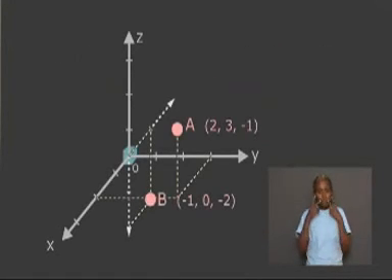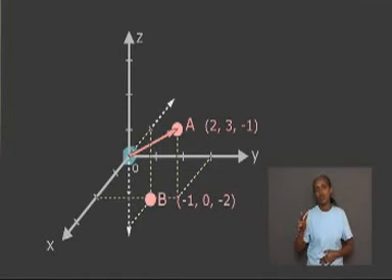Let us see an example. Vector A extends from the origin to coordinates 2, 3, and -1.